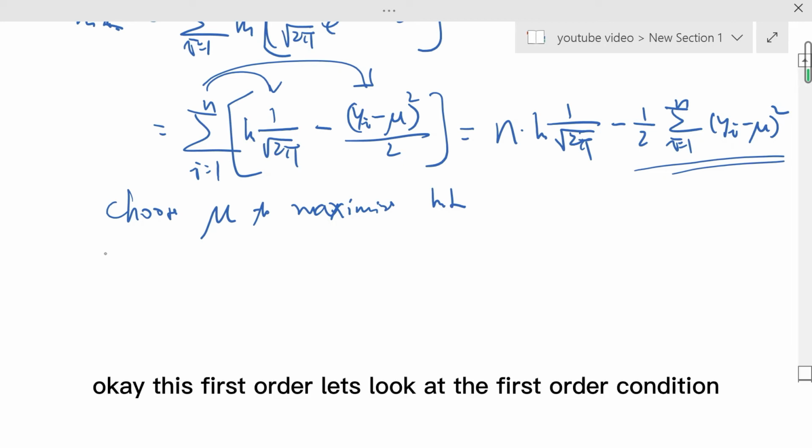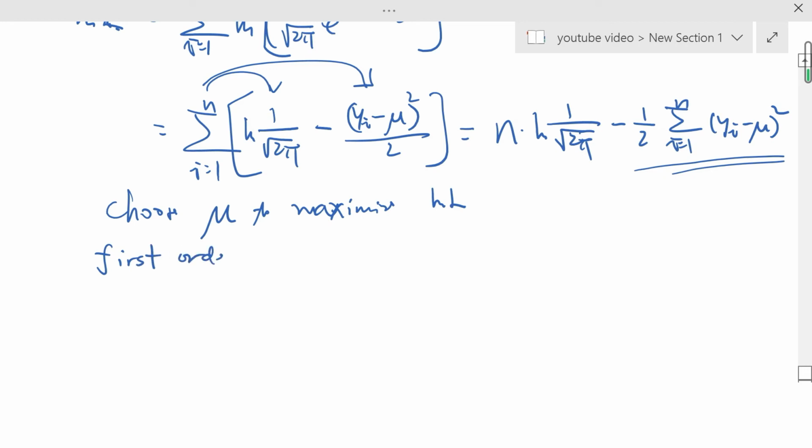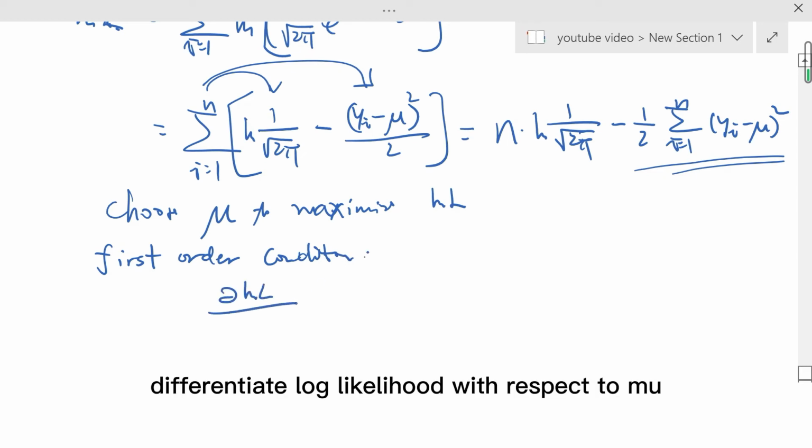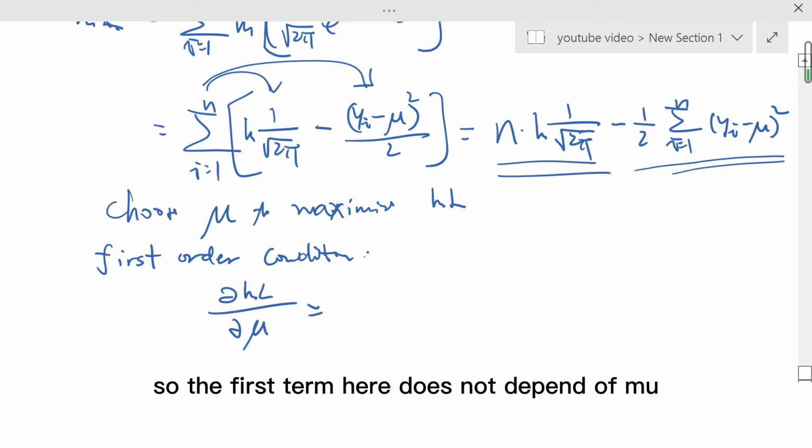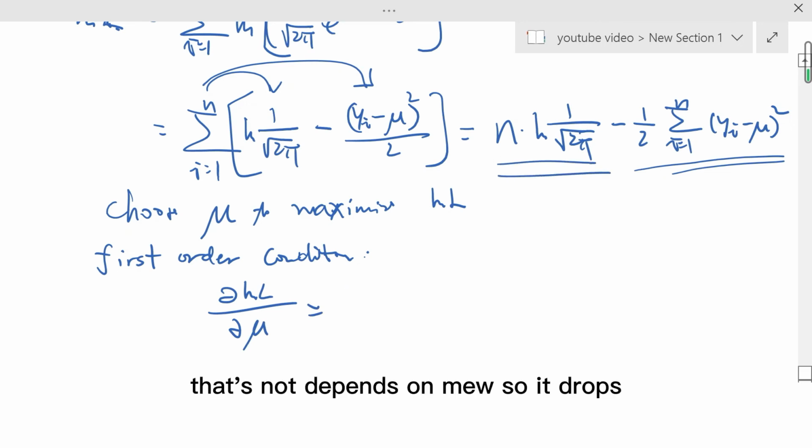Let's look at the first order condition. Differentiate the log likelihood with respect to mu. The first term here does not depend on mu, so it drops.